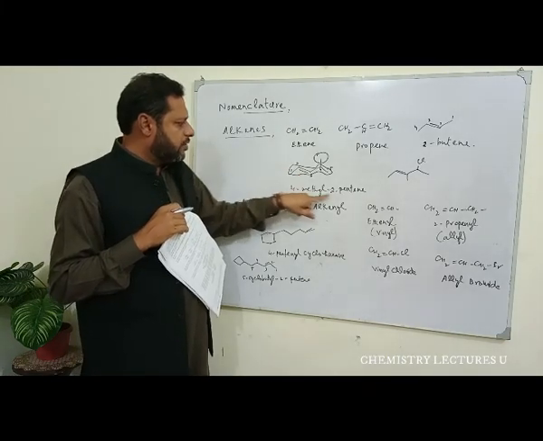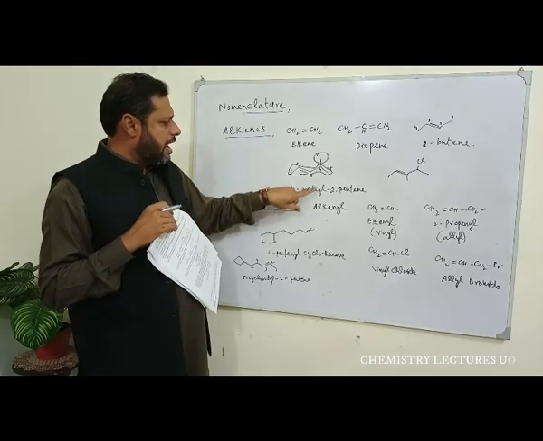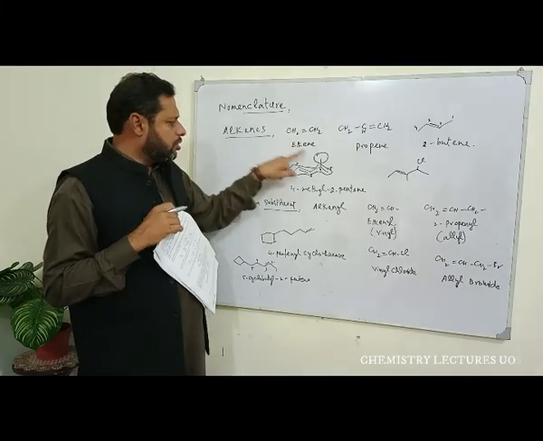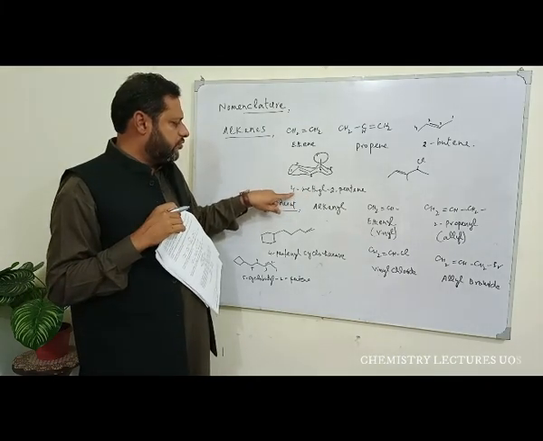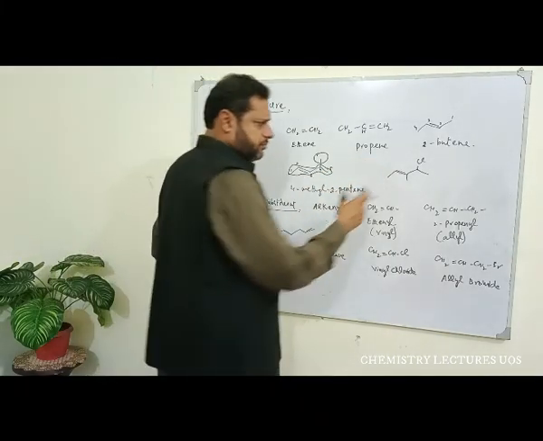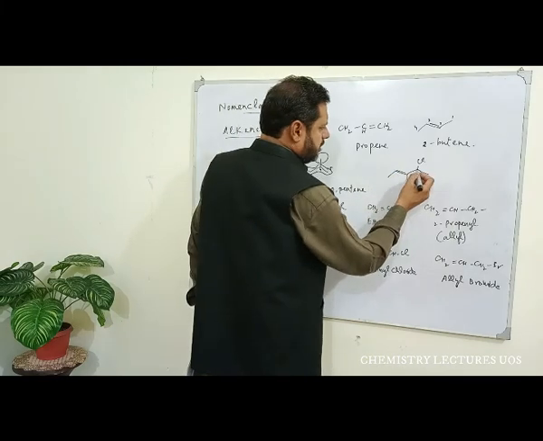So it will be 2-pentene. The parent name of the compound is 2-pentene, and this methyl group at the 4th position is a substituent. So the full name of this compound will be 4-methyl-2-pentene.